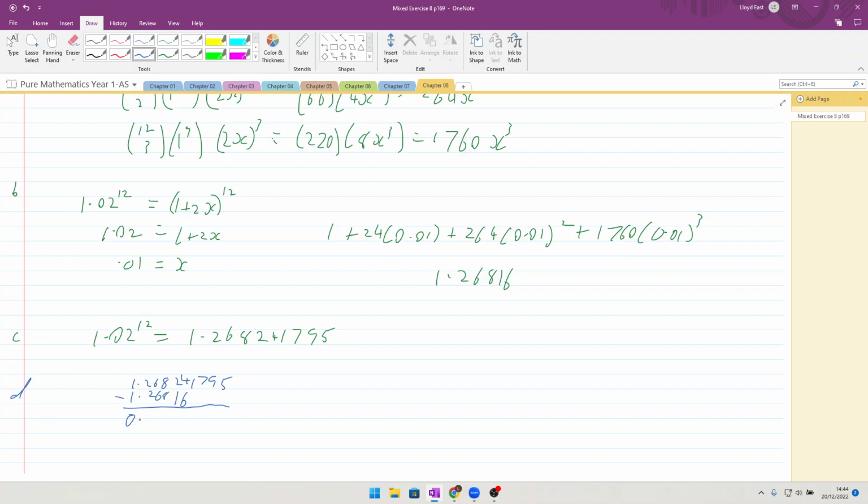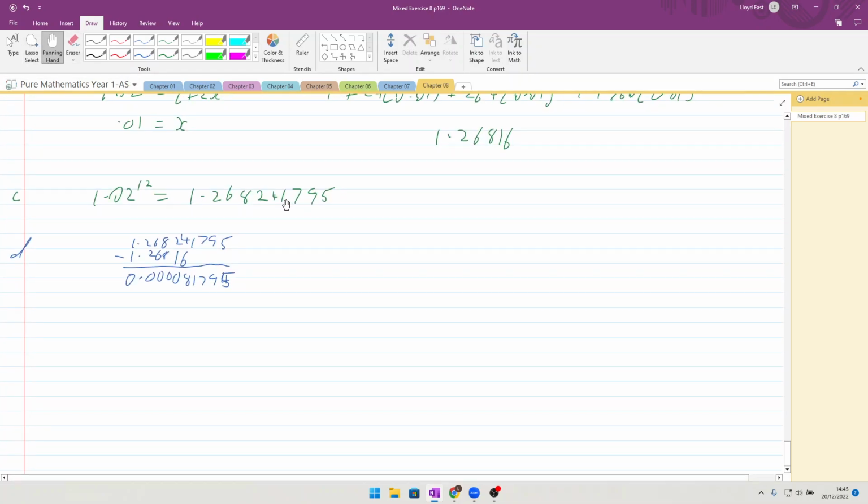So 0.0000 4 zeros, 0.00004 8, 0.0000794, 5 even. Okay, there's some rounding going on there with the calculators.